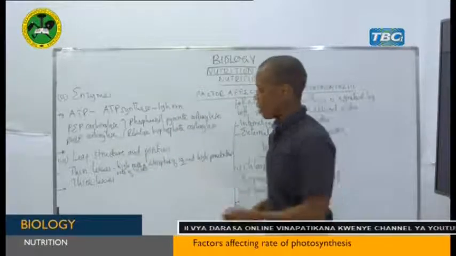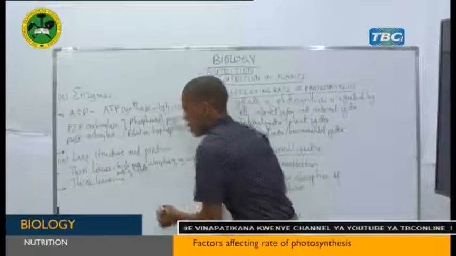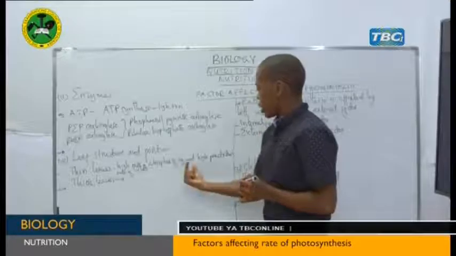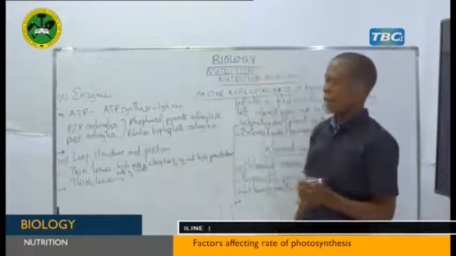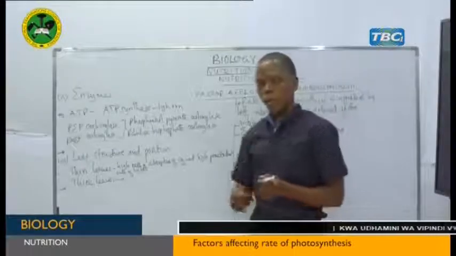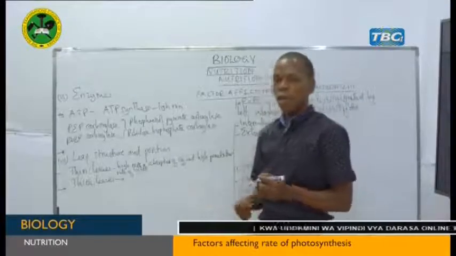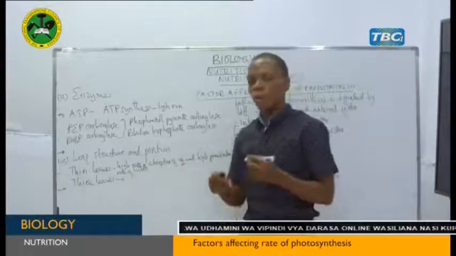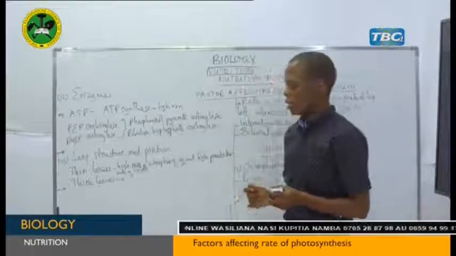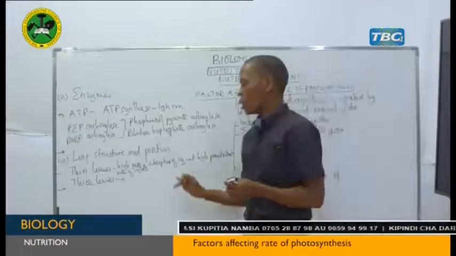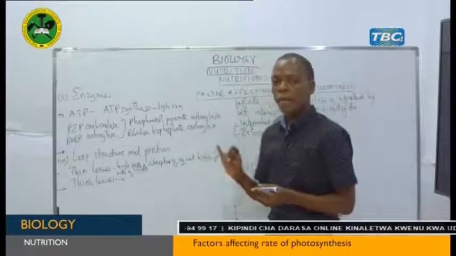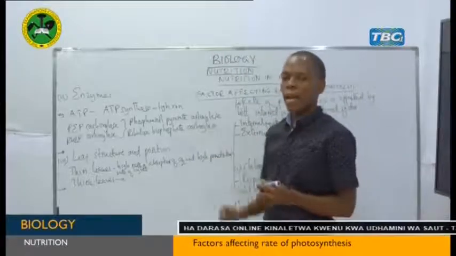In the thick leaves, the thickness reduces the rate of absorption of carbon dioxide, but also reduces the penetration of light. That is how the leaf structure can affect the rate of photosynthesis. For position, a good example is plants in the tropic and subtropic, whose leaves are arranged in such a way that it reduces the angle to prevent maximum interception of light.